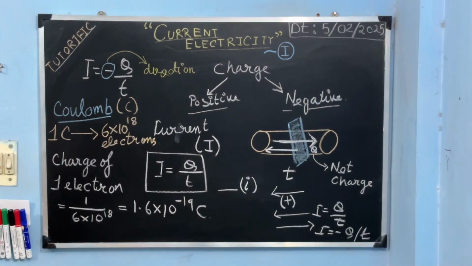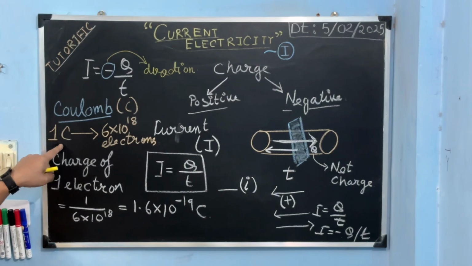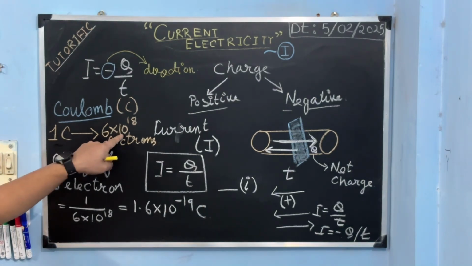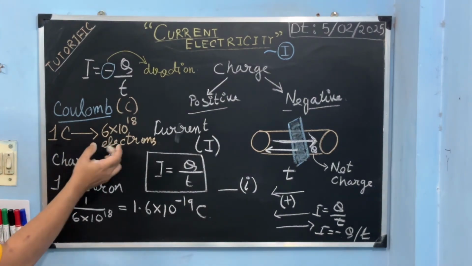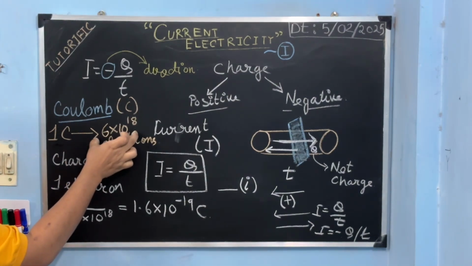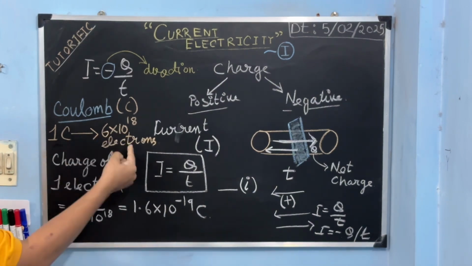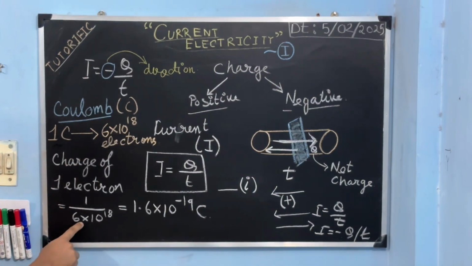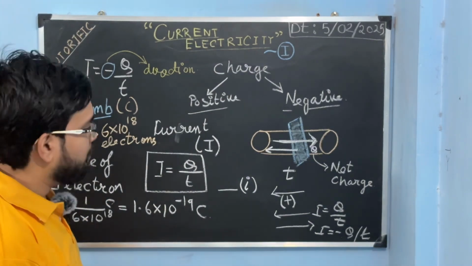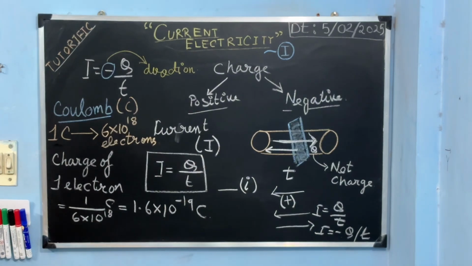So, 1 coulomb of charge refers to the charge contained by 6 into 10 to the power 18 electrons. Other way around, we can see 6 into 10 to the power 18 electrons constitute 1 coulomb. Therefore, 1 electron constitutes 1 by 6 into 10 to the power 18 coulomb, or 1.6 into 10 to the power minus 19 coulomb.